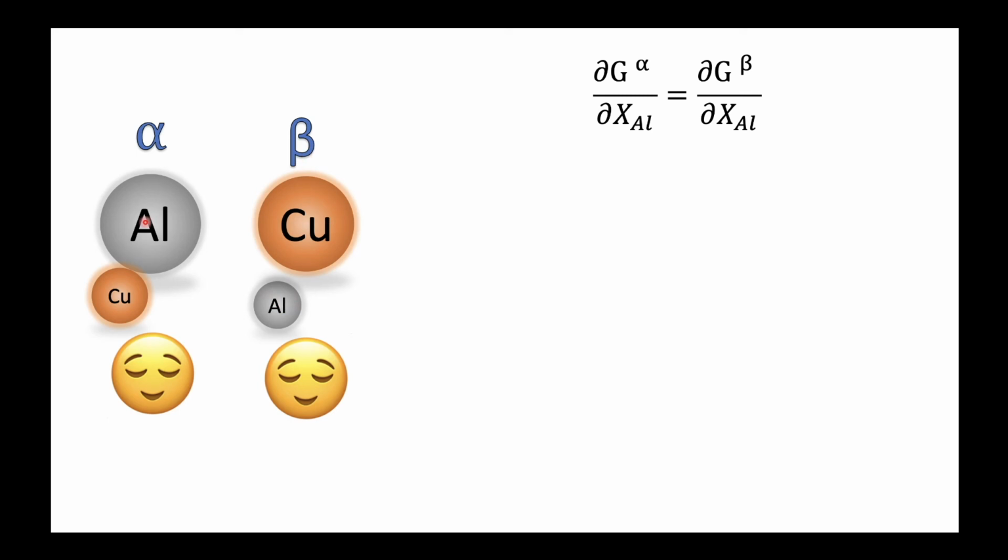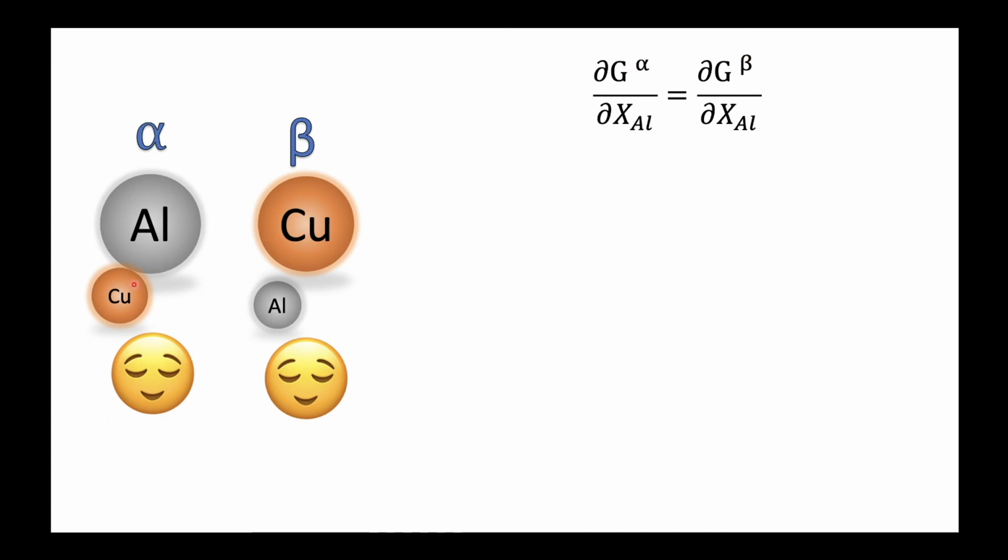That is, if aluminum sees that it has the same potential in both phases, then it doesn't really care where it is. So this is the equation telling you that to be in equilibrium, the potential of aluminum to change Gibbs free energy should be the same in both of the phases. And this is also called chemical potential.